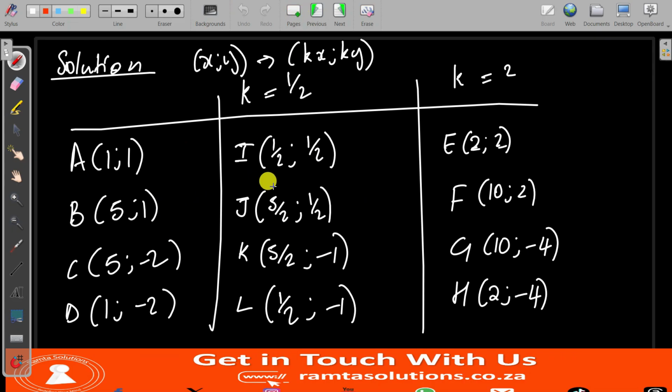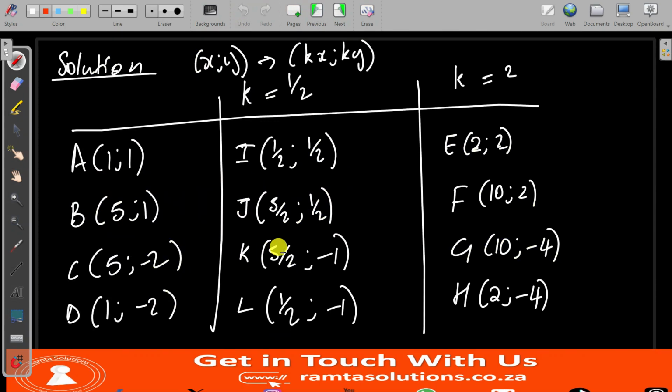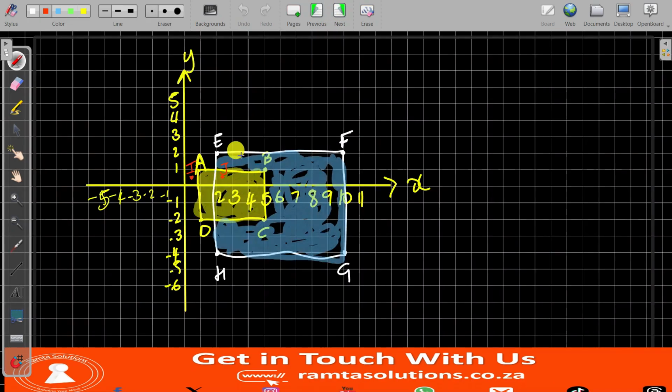And then J was 2.5 and half. This is J. Now we go to K, 2.5 and negative 1. Here's 2.5 and here's negative 1.